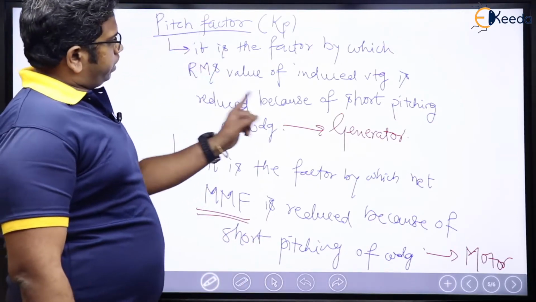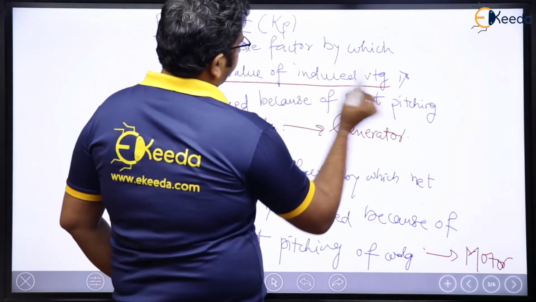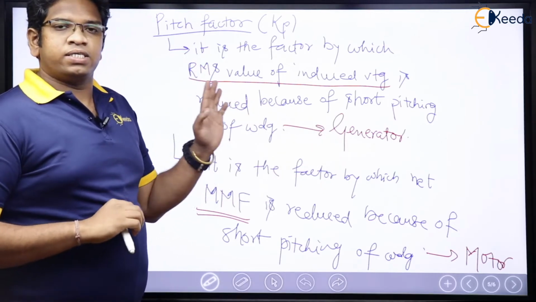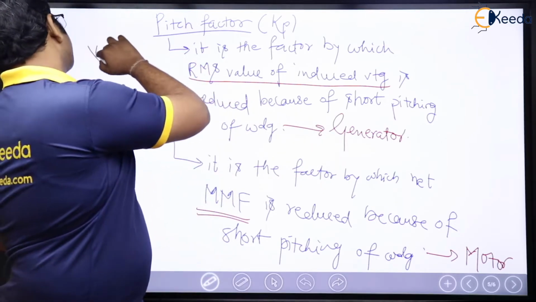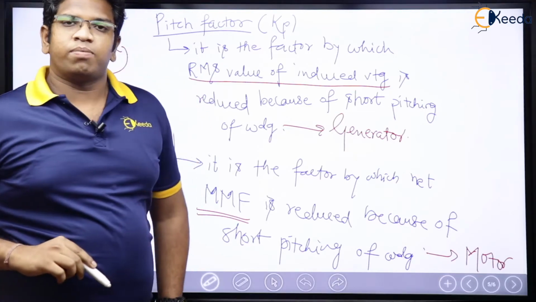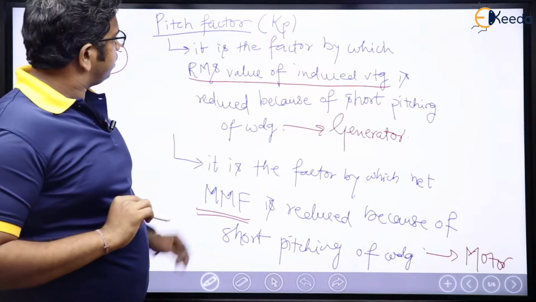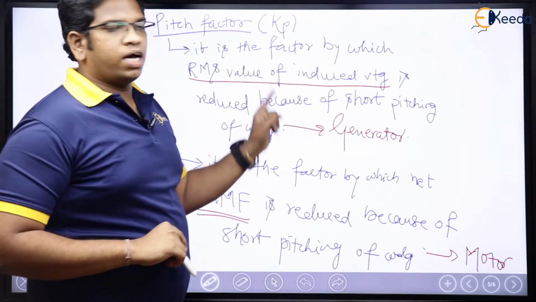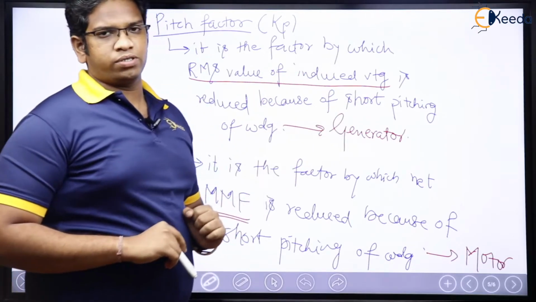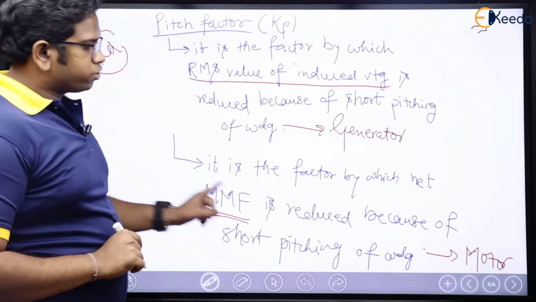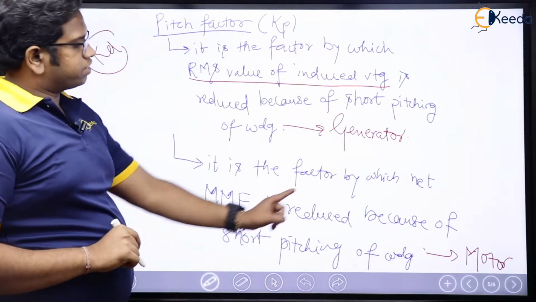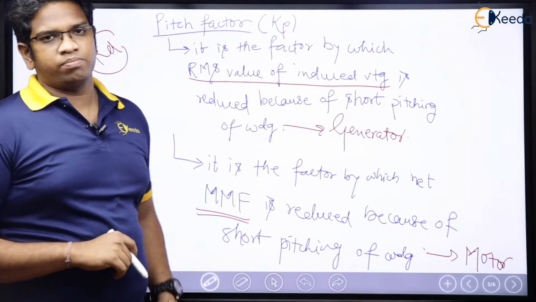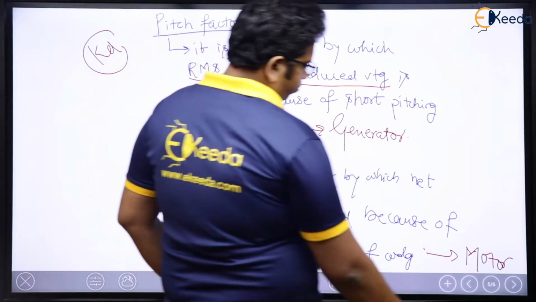This one is valid for motor. Whereas in case of generator, RMS value of induced voltage is reduced, means pitch factor. Pitch factor for generator is happening same as KD. KD also we discussed about same things only. In case of Kp for a generator, it is the factor by which RMS value of the induced voltage is reduced, whereas in case of motor, it is the factor by which net MMF is reduced, and we know that the equation at the end will be the same. Let us see now.